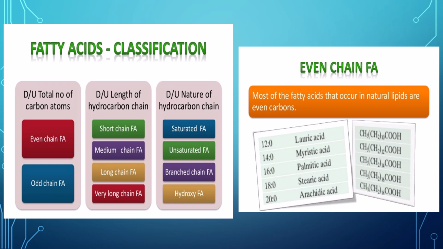Then, depending on the nature of the hydrocarbon chain, they can be saturated, unsaturated, branched chain, or hydroxy fatty acids. A few most common even chain fatty acids which are naturally occurring: lauric acid, myristic acid, palmitic acid, the most common energy producer in the body, stearic acid, and arachidonic acid.